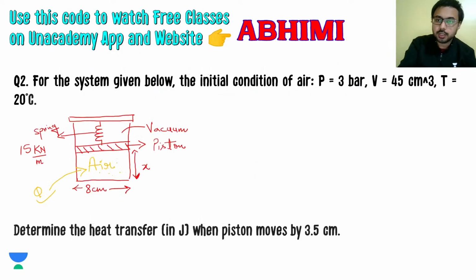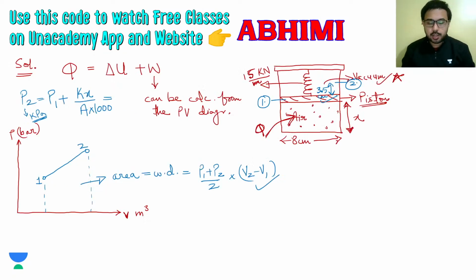P1 is 3 bar, so 300 kilopascal. Then what is this? I have calculated it, but somehow I pressed the wrong button, so the calculation got wiped out. So let me quickly do it again. It will be area, 0.08 square divided by 4, into the 1000. So 15,000 divided by answer into 0.035.